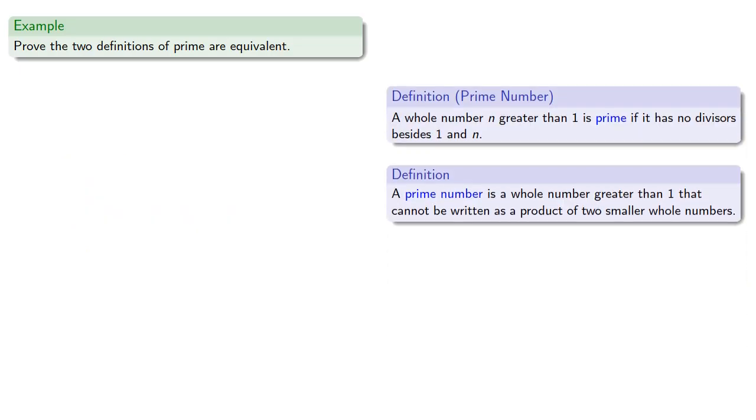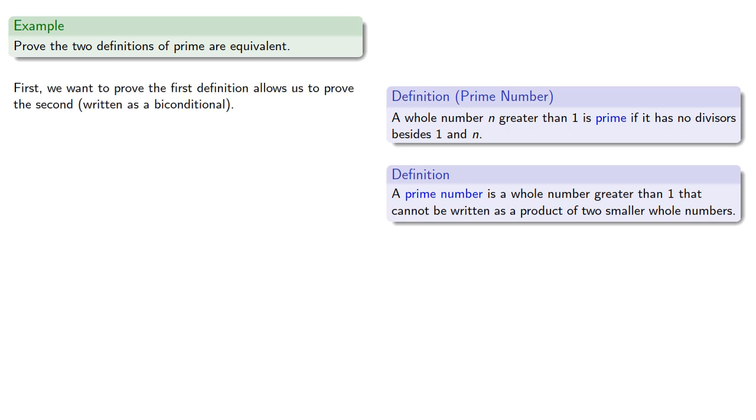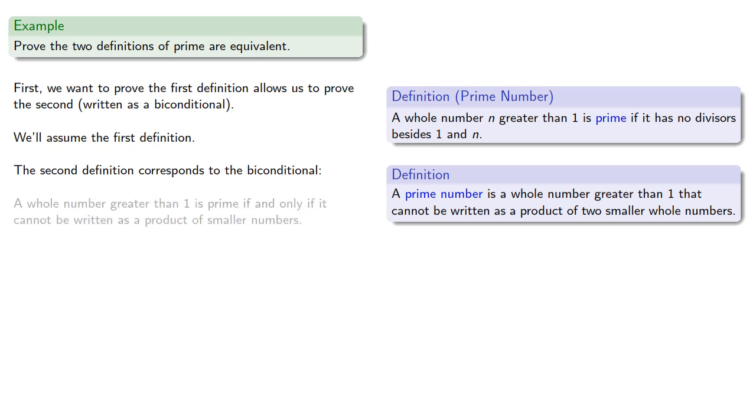So we have two definitions of prime. Let's prove that the two definitions are equivalent. So first we want to prove the first definition allows us to prove the second, written as a biconditional. So we'll assume the first definition. The second definition corresponds to the biconditional: a whole number greater than 1 is prime if and only if it cannot be written as a product of smaller numbers.